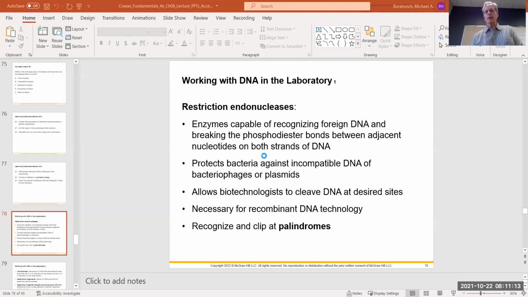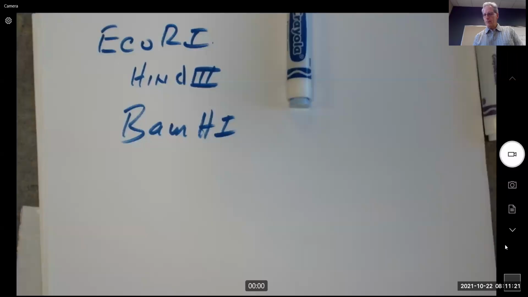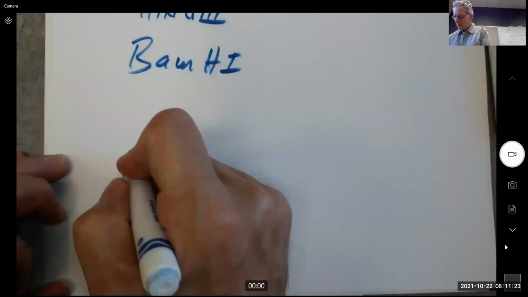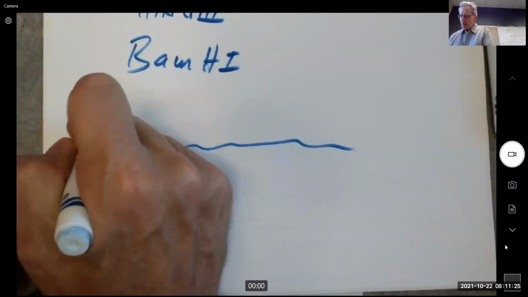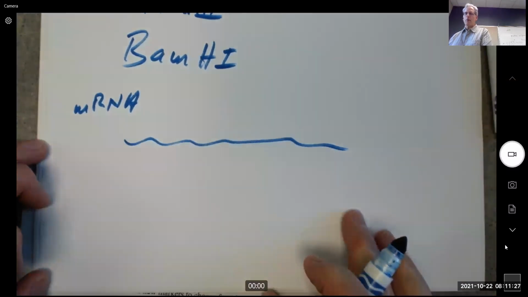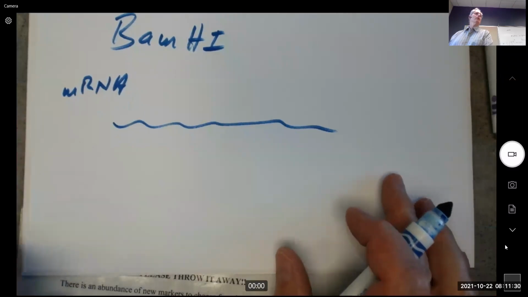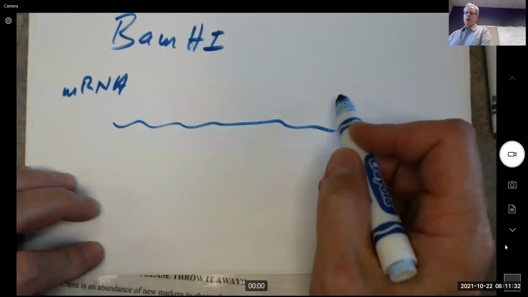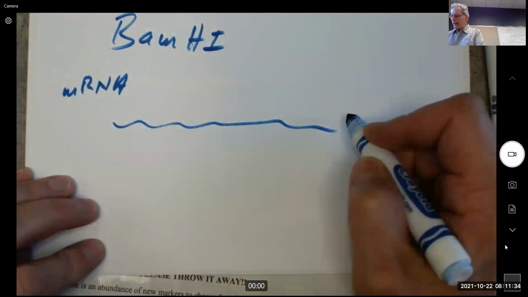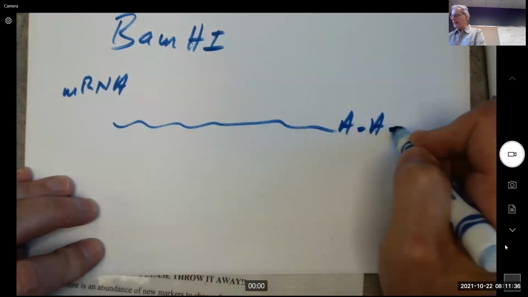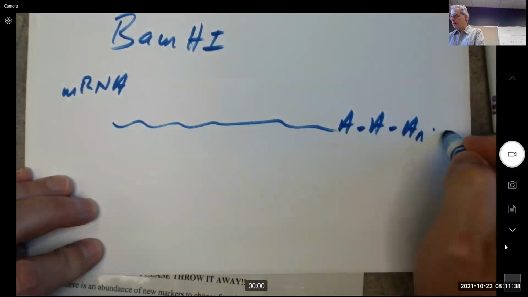I'll be a good citizen and do this on my makeshift blackboard over here. So this is messenger RNA, say from liver cells, let's say. In eukaryotes, messenger RNA has a string of adenines at the end of it.